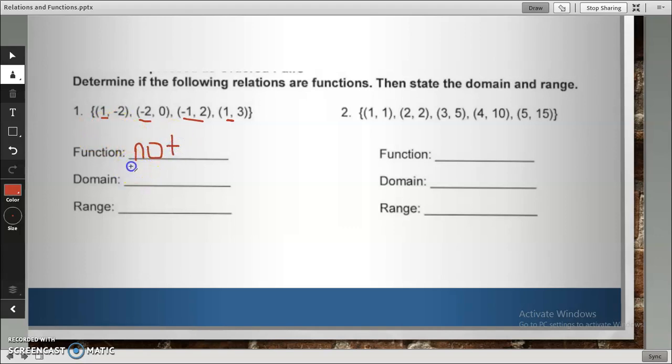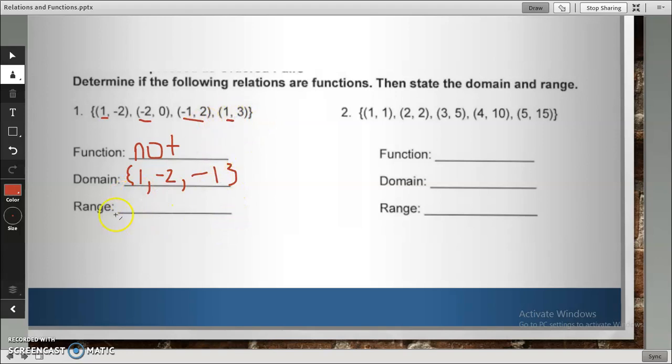Okay, so then we can write down our domain. And our domains are simply just our inputs or our x values. So our domain is 1, -2, and -1. I should have put that in increasing order, but actually, no, this is not in any order at all. Notice I didn't put the 1 again.